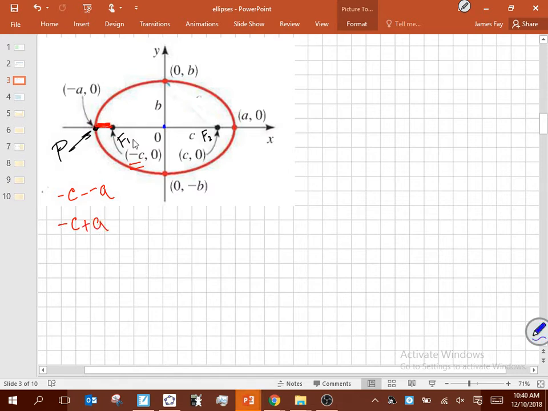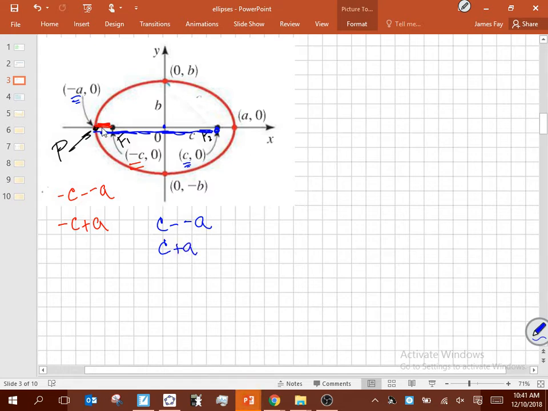That's from focus 1 to point P. I want to find the distance from focus 2 to point P. I can take C minus negative A, because that's that x-coordinate minus that x-coordinate to find that distance. So that becomes C plus A.